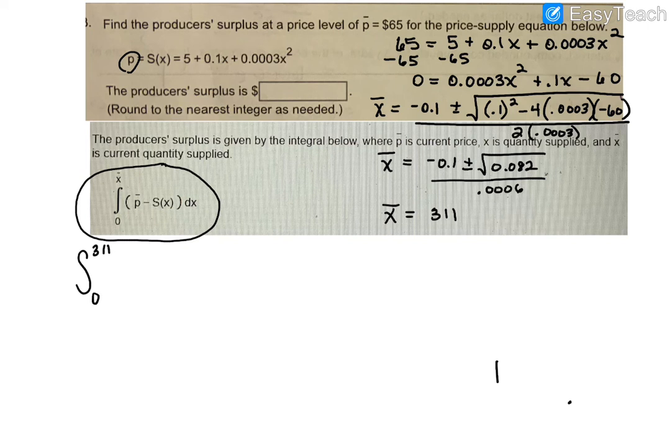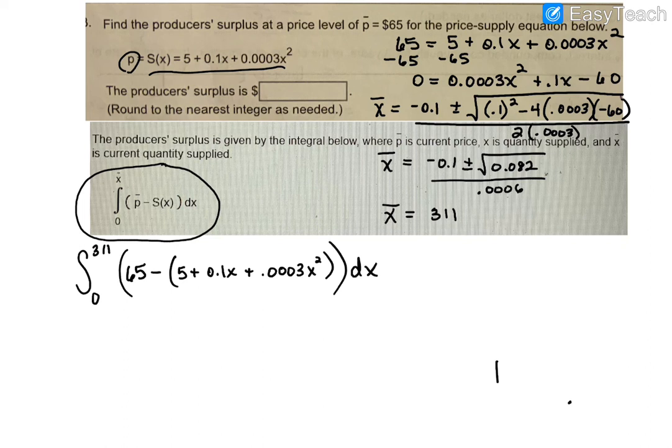So now, using that with our formula, we are integrating from 0 to 311. My p-bar was the 65. I am subtracting my s of x, which is 5 plus 0.1x plus 0.0003x squared. And then all of that is with respect to x.